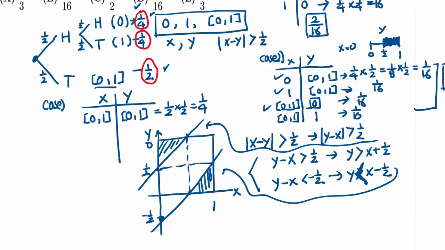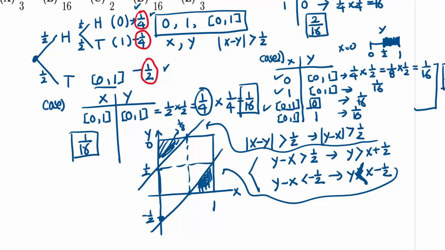What is this geometric probability? Each triangle is 1/8, another 1/8, so 1/4 of the square. To get this area, we multiply by another 1/4, so it's going to be 1/16. Case 3 is 1/16.